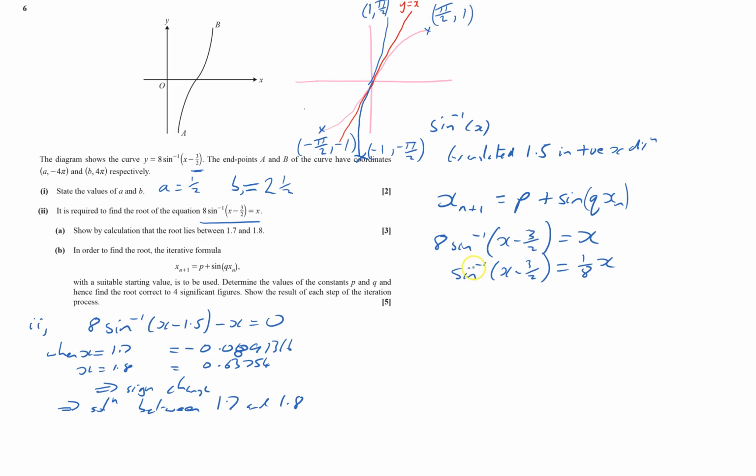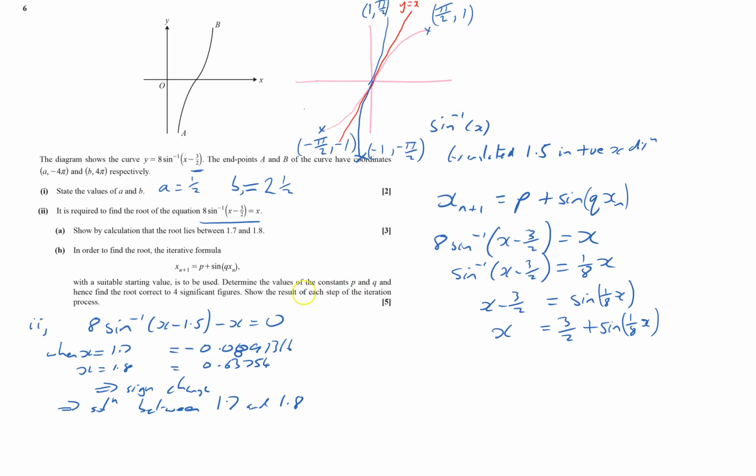To get rid of the sine to minus 1, I have to sine both sides, so that gives me x minus 3 over 2 equals sine of 1/8 of x, which is good because that's the whole thing I wanted. And now I want to get rid of the minus 3 over 2, so I get x equals 3 over 2 plus sine of 1/8 of x. And that's what we wanted.